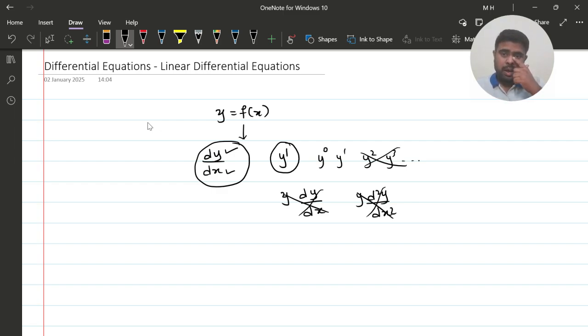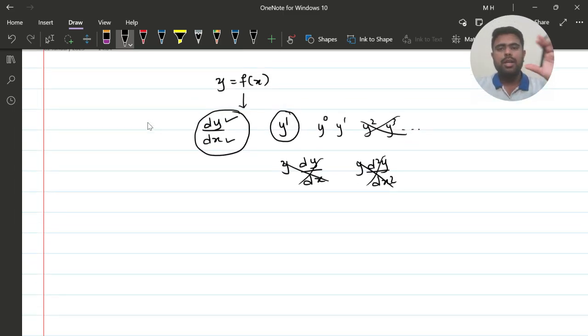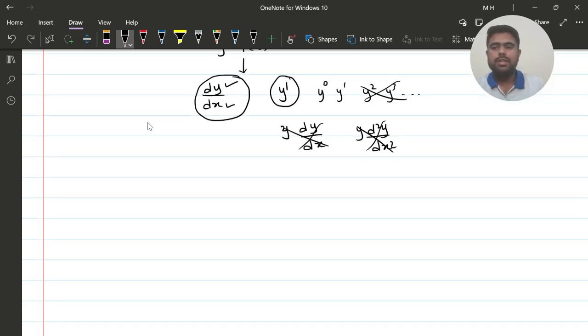Now, as per the textbook, considering all the factors that I have explained just now, they have given a standard form to a linear differential equation.